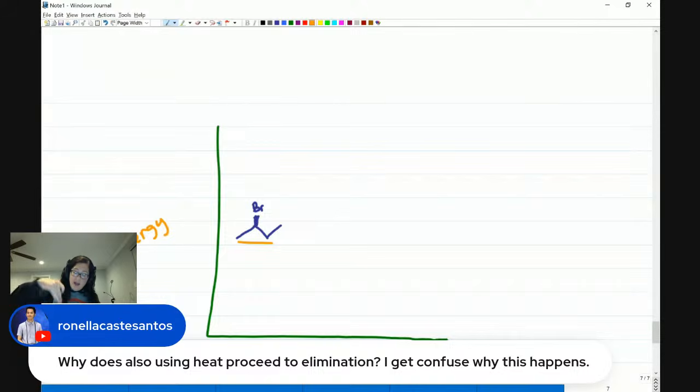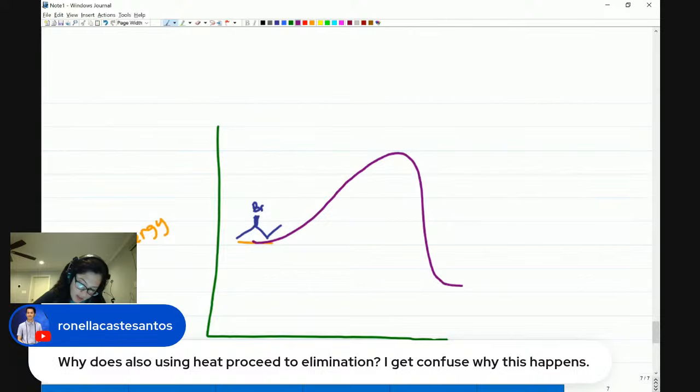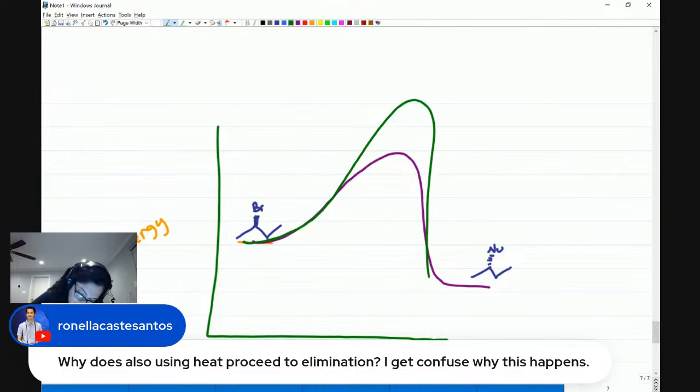If I have this molecule undergo an SN2 reaction, then we have an activation energy and we have a product. Product for the SN2 reaction is going to be some kind of nucleophile here. If, on the other hand, this molecule undergoes an E2 reaction, it's a higher activation energy, but a lower energy product.